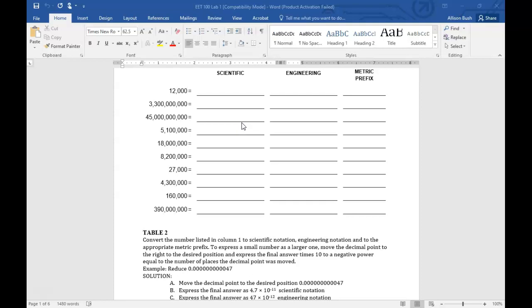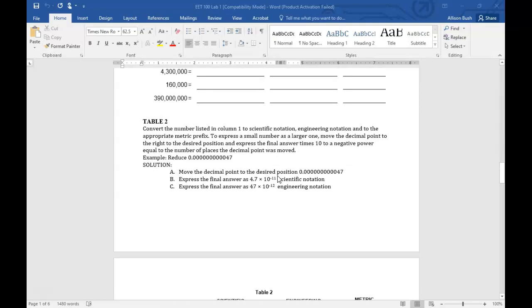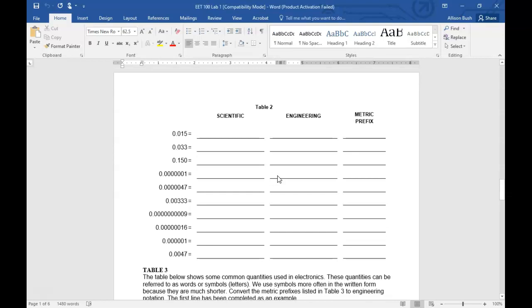All right. So let's look at negative powers of 10.